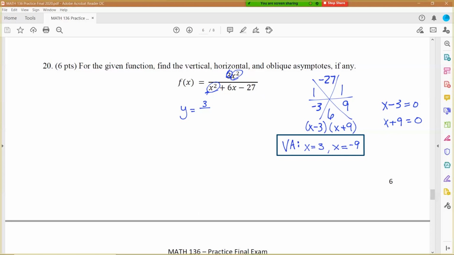So your horizontal, I'm going to label HA, is just going to be y equals 3. Set your coefficients into a fraction, in this case 3 over 1, which reduces to 3. I promise it'll be that simple on your test. Circle it, box it, and there will be no oblique asymptotes because you have horizontal and vertical.